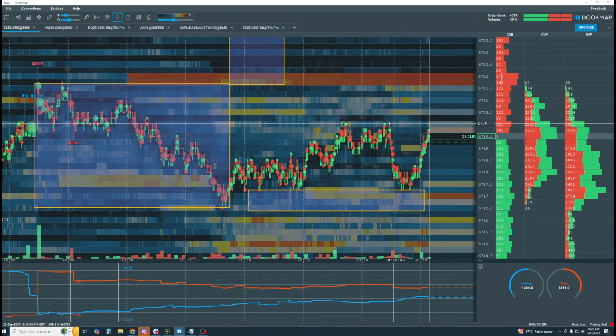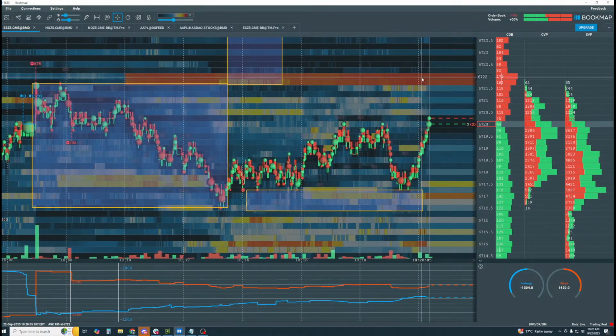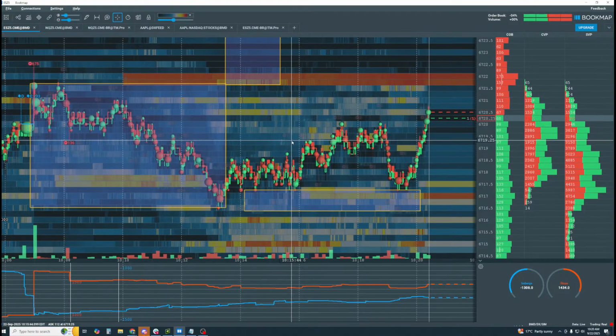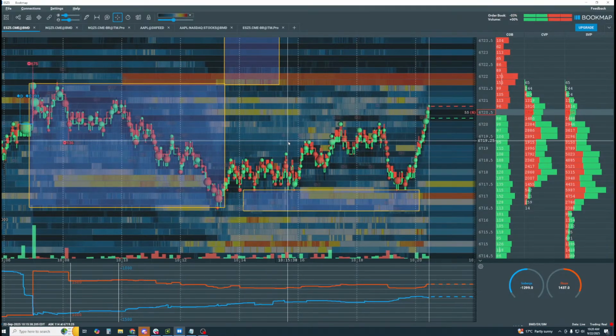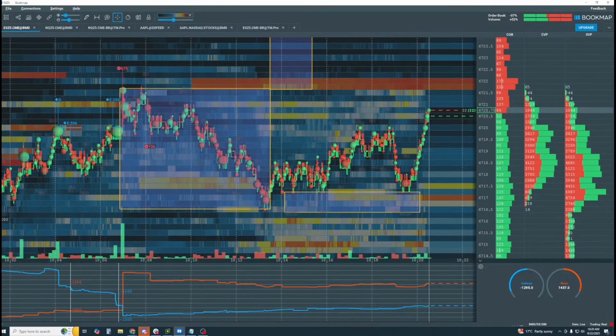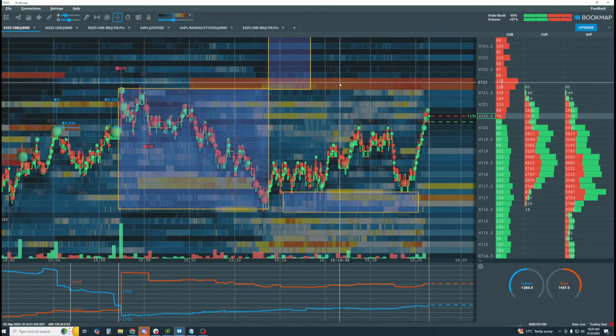And let's see now, if the buyers can pick it up above 19 in here, we're looking for 22. And that'll be high of the day.